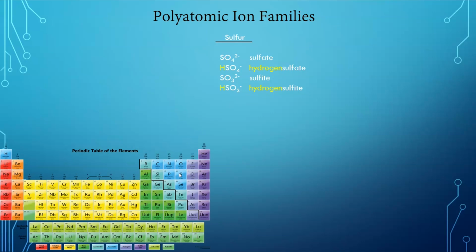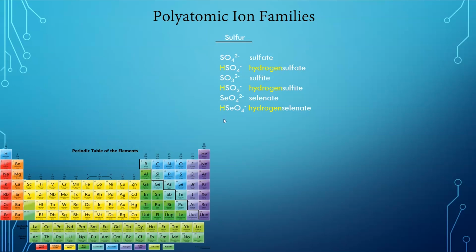We can also replace the sulfur with selenium, the next member of its group. If we put a selenium atom in there, it now becomes selenate. We can add a hydrogen to it and make it hydrogen selenate.